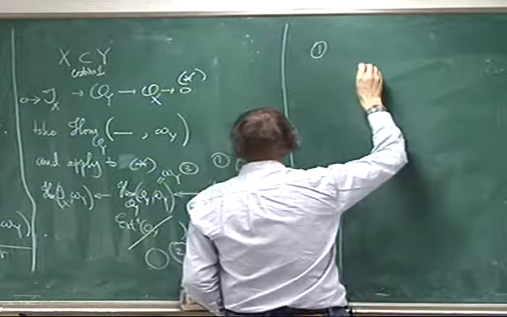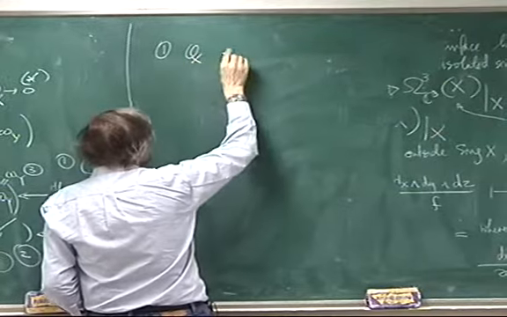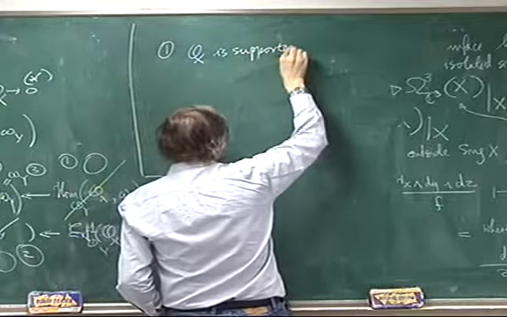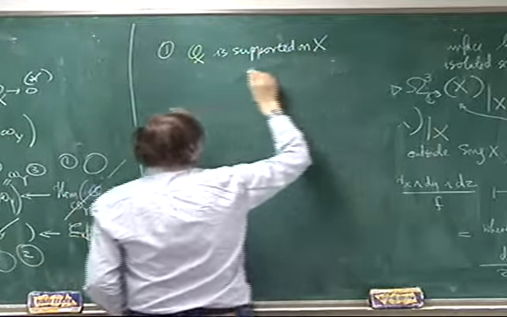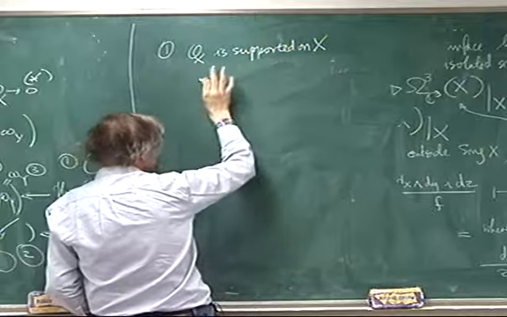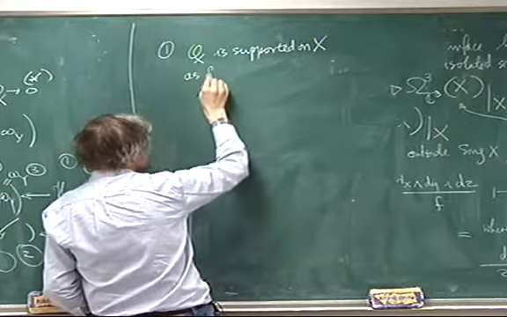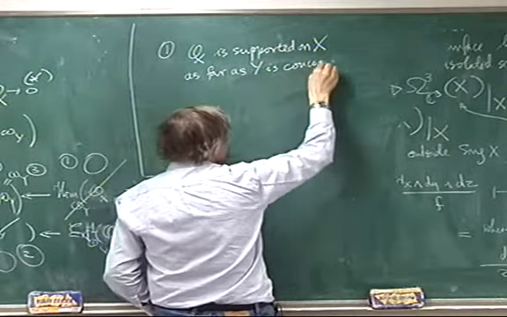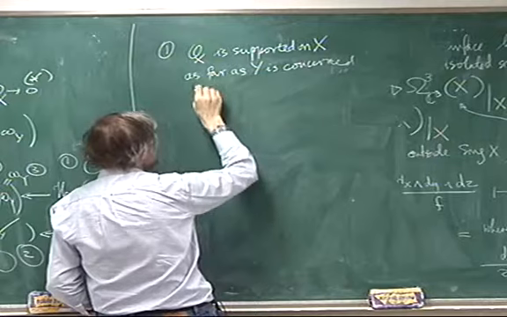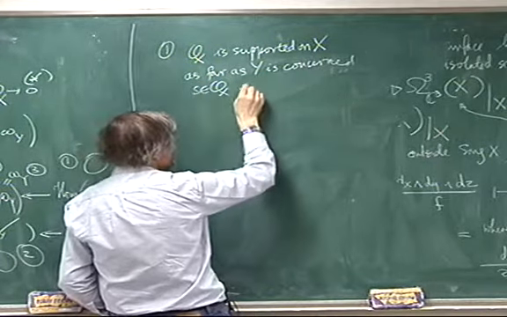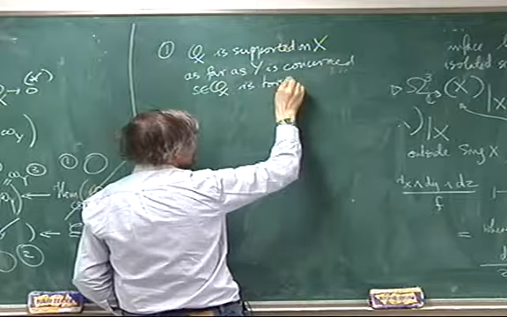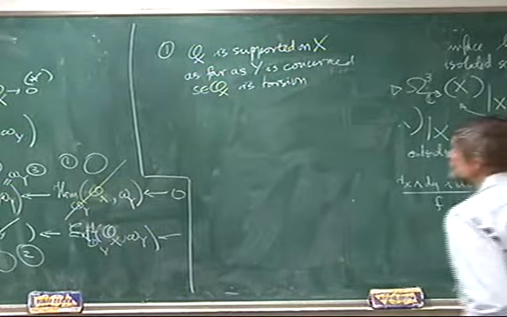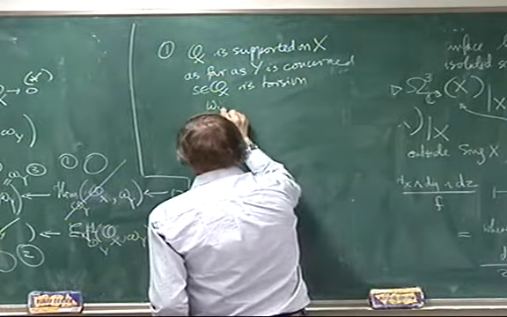O_X is supported on X, obviously. So as far as Y is concerned, any section in O_X is torsion; it's killed by the ideal of X. On the other hand, omega Y is torsion free.